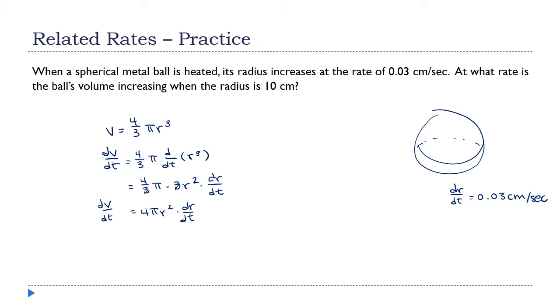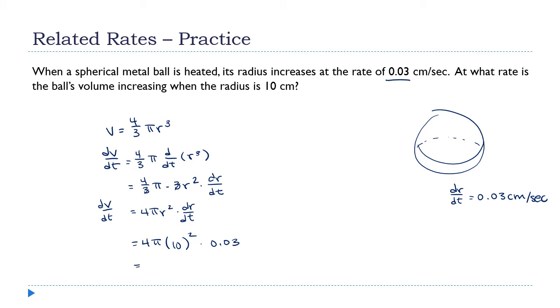Now I can answer the question. I know how fast the radius is increasing. That's something we can observe: the radius is something we can sit here and watch and see how fast it's increasing in one dimension. So I'm going to put these numbers in. 4 pi times my radius, which is 10 centimeters squared, times 0.03.